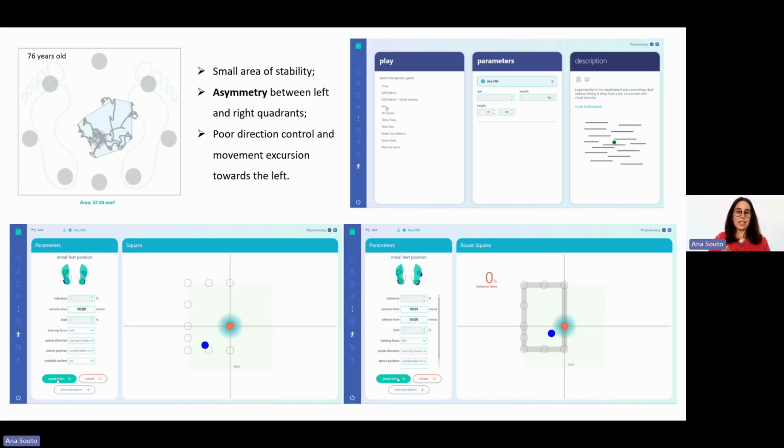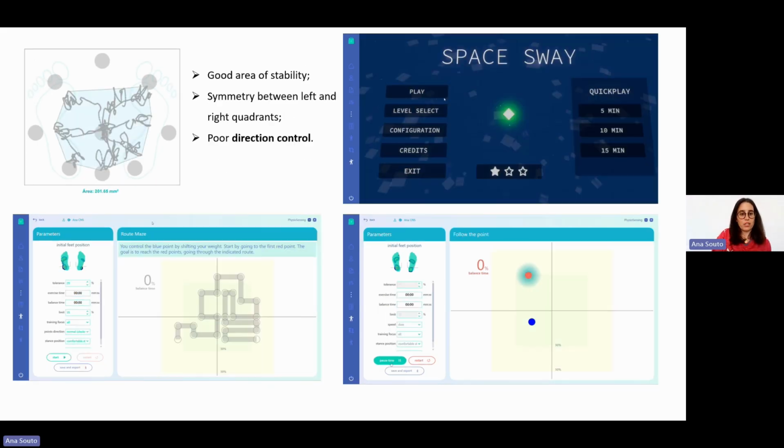Or we can also use games to stimulate the patient in a fun way to transfer the weight and keep the weight on the side that is struggling more, the left side. So just a few simple examples.